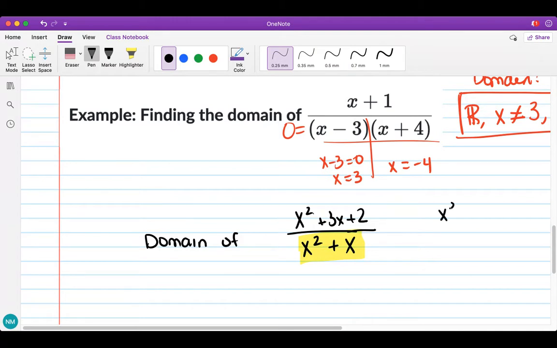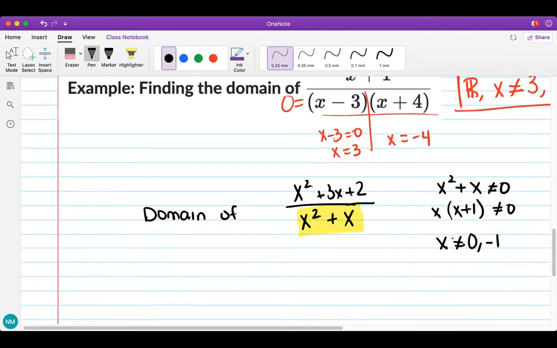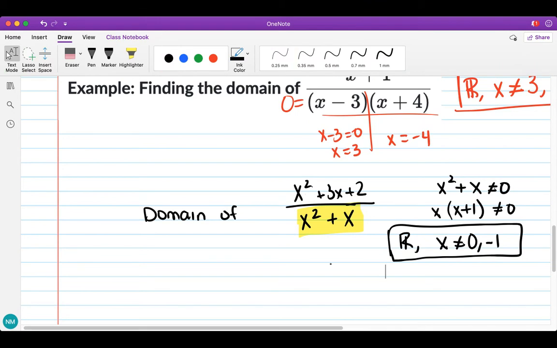Basically, I just have to set my denominator not equal to 0 because it can't equal 0. So I'm going to factor this x out. So I get x times x plus 1 can't equal 0. So x can't equal, if this is set equal to 0, it's 0. And if this is set equal to 0, it's negative 1. So 0 and negative 1. So it's all real numbers, but x cannot equal 0 or negative 1. Because these two values are the two values that will make my denominator equal to 0, thus making it undefined.